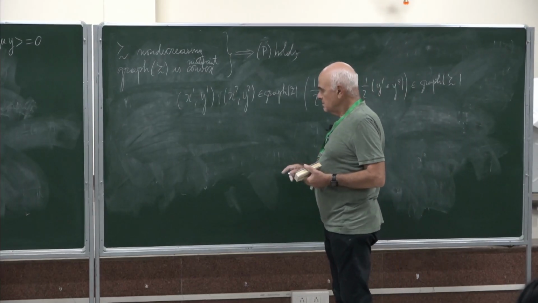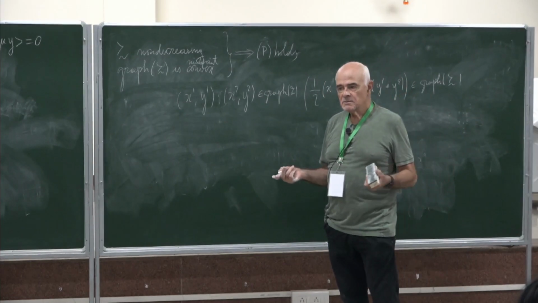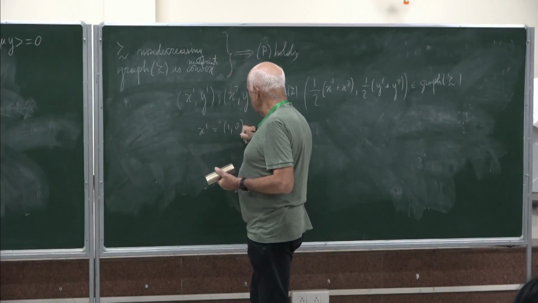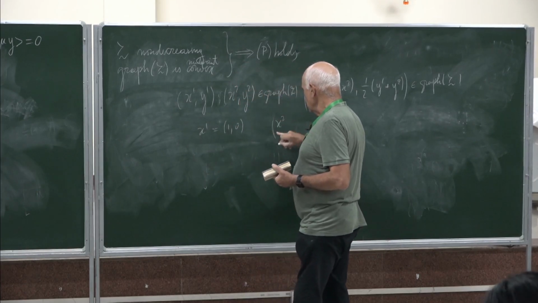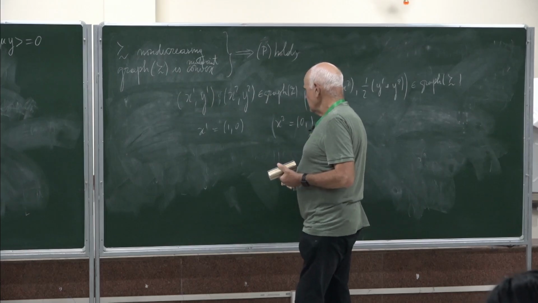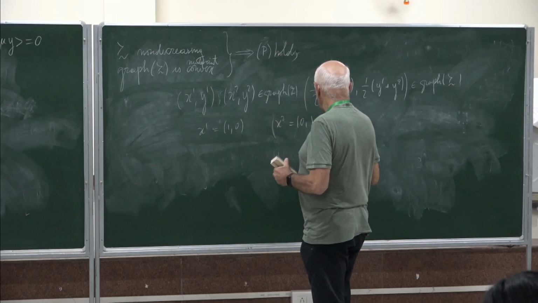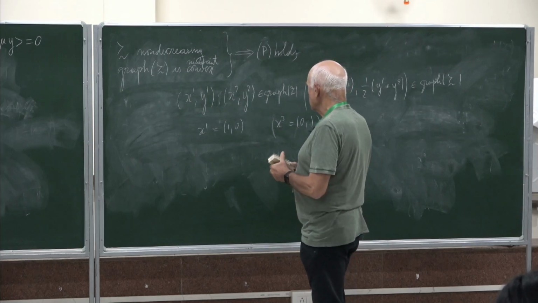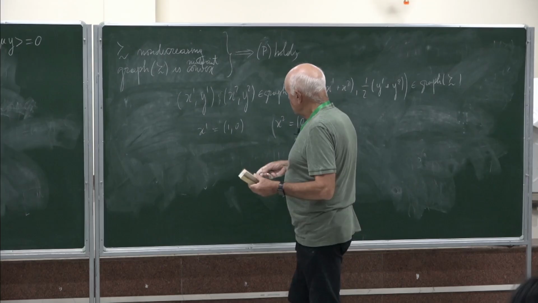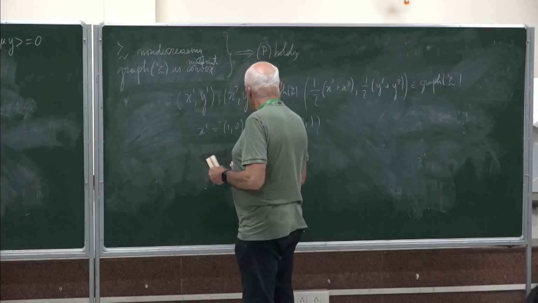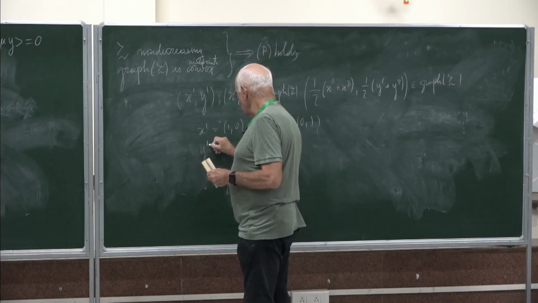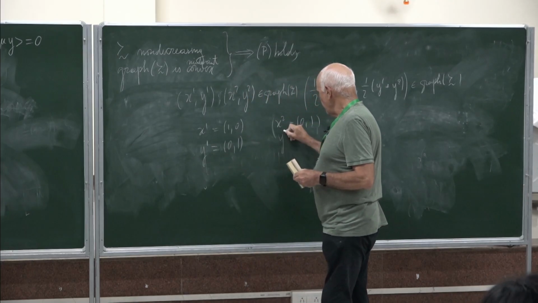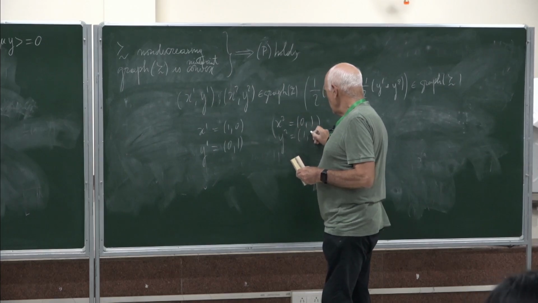So in particular, suppose we are in R2 and x1 is (1, 0) and x2 is (0, 1), and y1 is (0, 1), and if you want, y2 is (1, 0).